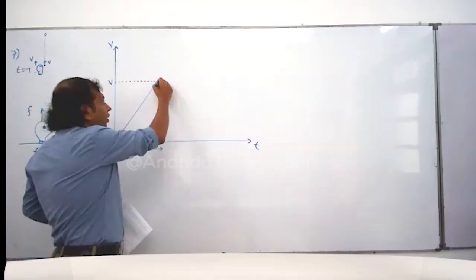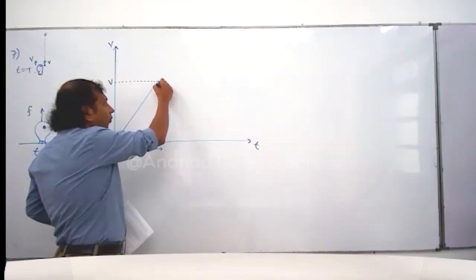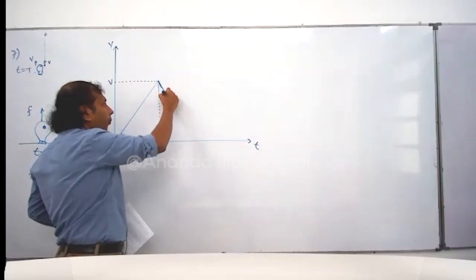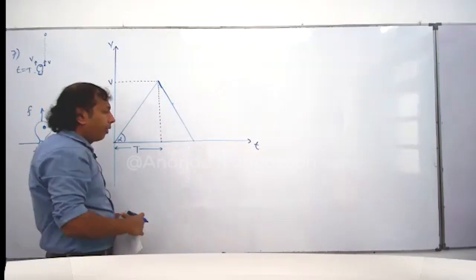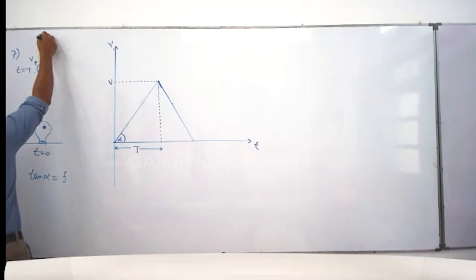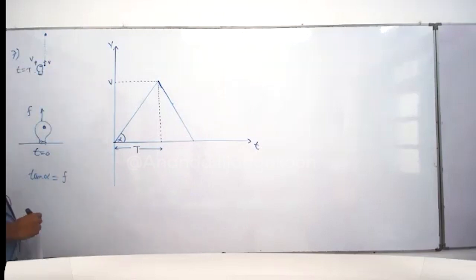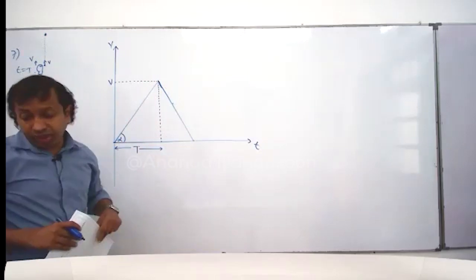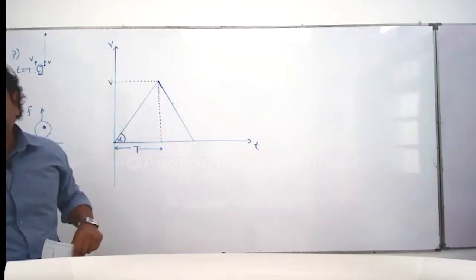So therefore, the v-t graph should be like this. This is decreasing now, like this. On one occasion, the velocity becomes 0. That occasion is nothing but the maximum height of the ball. Then this area from here to here, the whole triangle area, is the maximum height ascended by the ball.